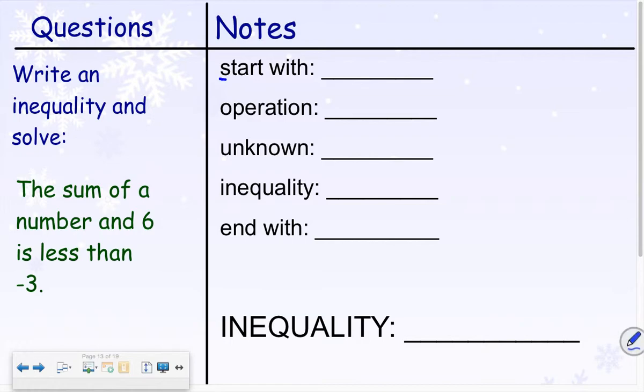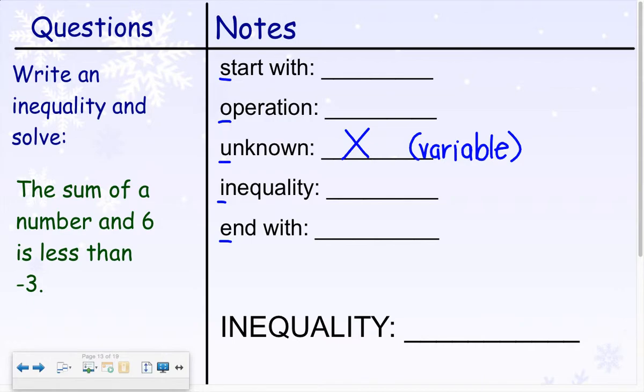The S is starts with, O is the operation, U is the unknown, I is the inequality, and E is ends with. I think the easiest thing to start with every single time is the unknown. Unknown means what we're trying to find out, and that is our variable. That is where we're always going to put our variable, which usually I'll use x.